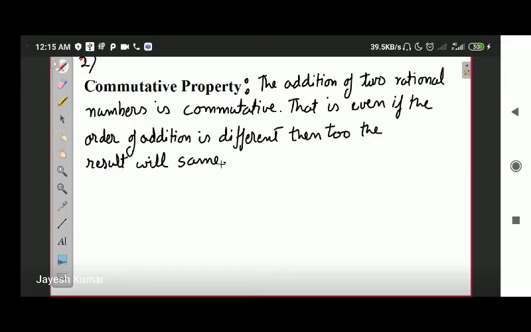Okay. Let's take an example from the book. Let me rewrite the question, please.